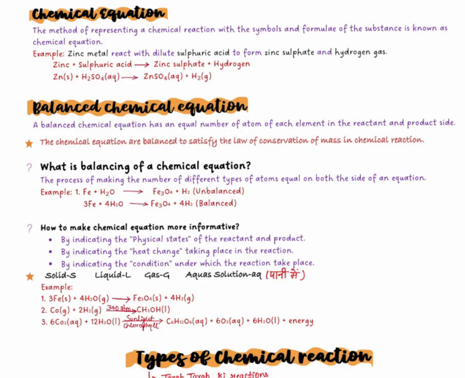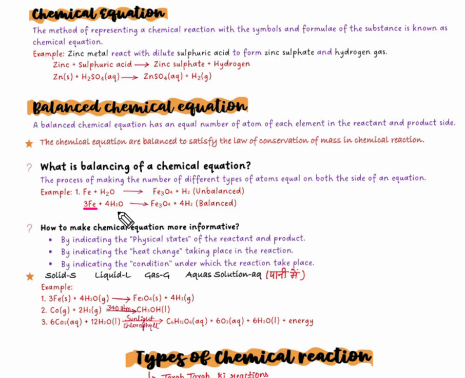To do this we use whole numbers as multiples. As there are 3 atoms of iron in the product side, we write 3 here. Now we have 3Fe balanced.